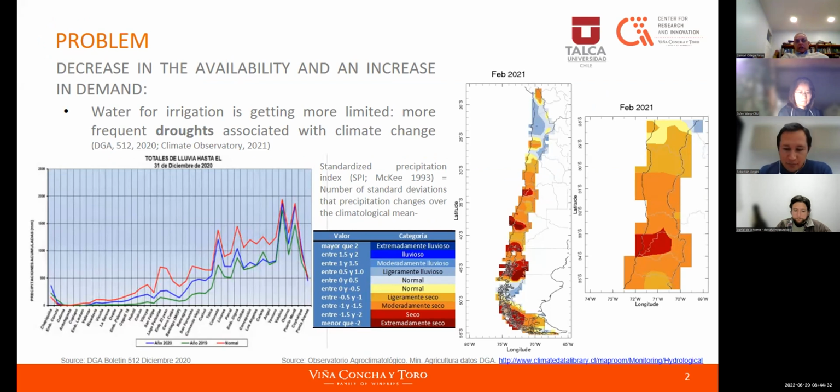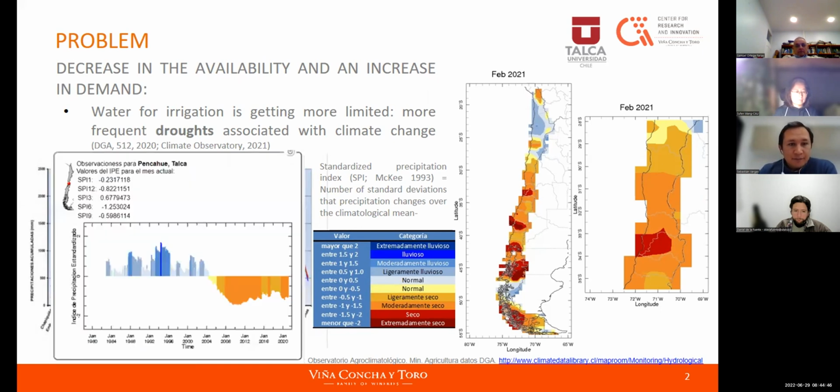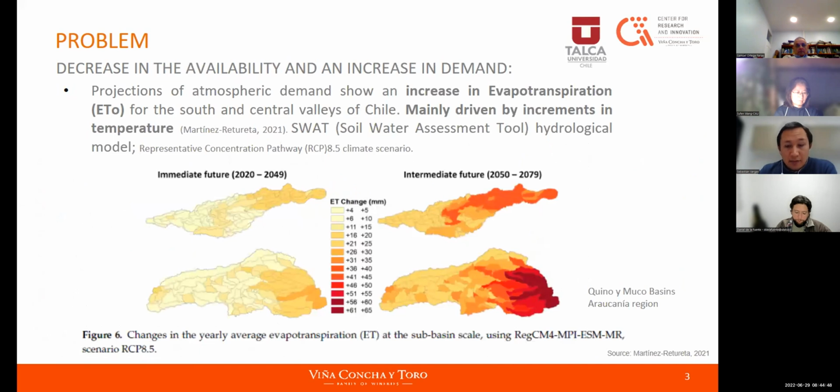We are projecting higher evapotranspiration demand from the environment. So we're getting less water and we need to use even more, also because of the pressure of growing more food and so on. That's what I'm showing here, how the ET is expected to be way higher in the future.